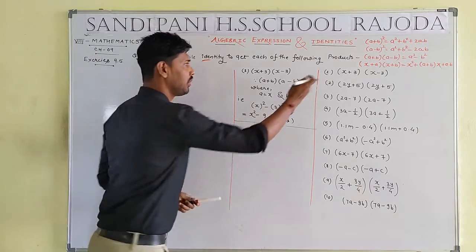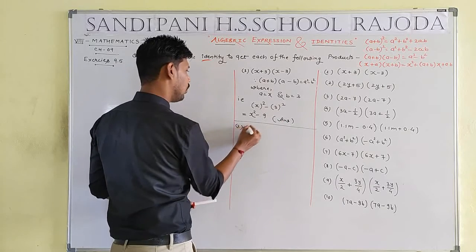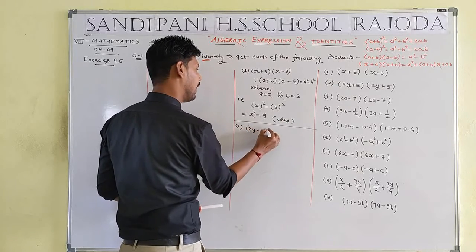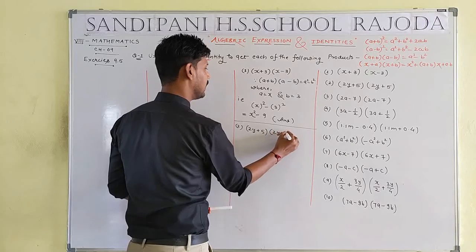Now we move to the second question. (2y plus 5)(2y minus 5).